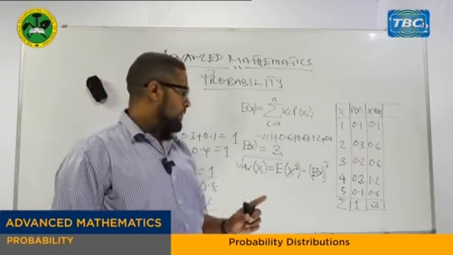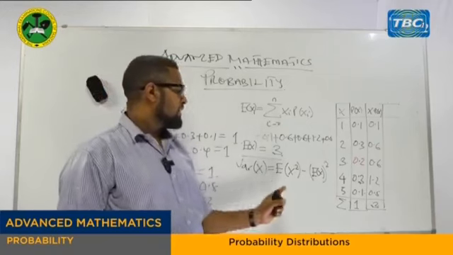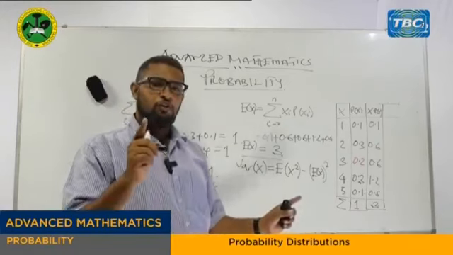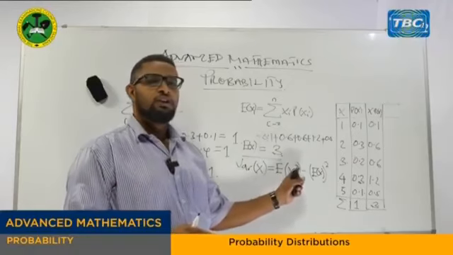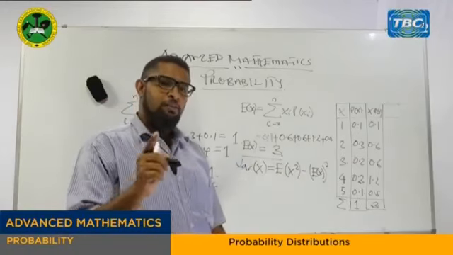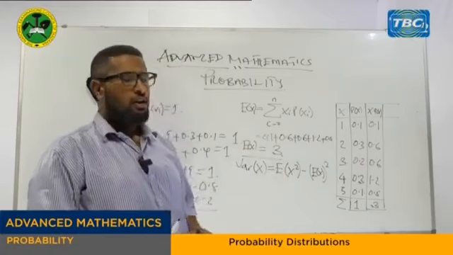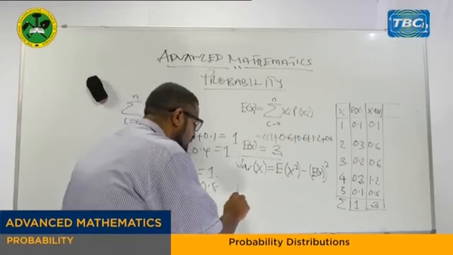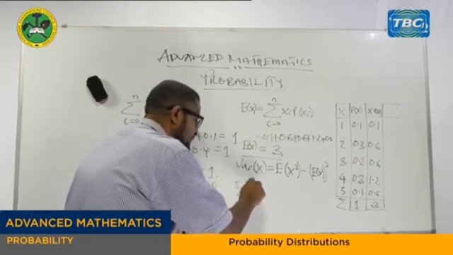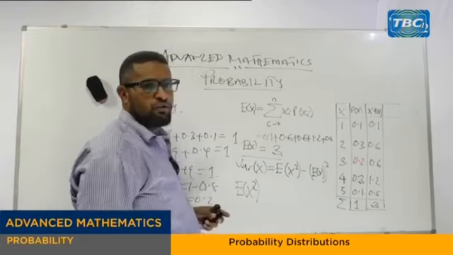We need a column that will help us find the expectation of the variable when it is squared. Remember, our variable here is x. But how do we find the expectation of this random variable x when it is squared?